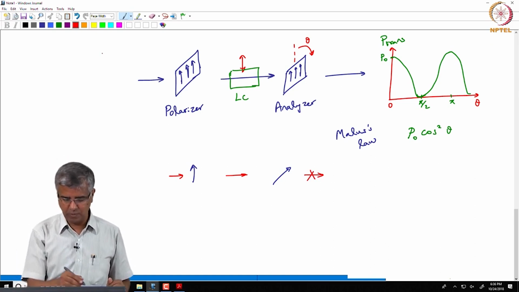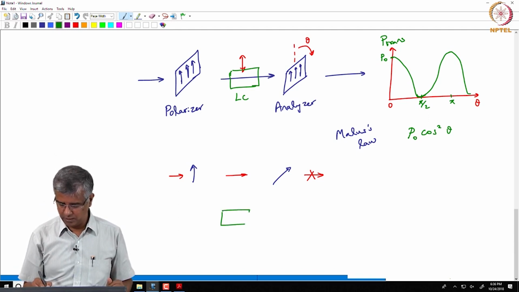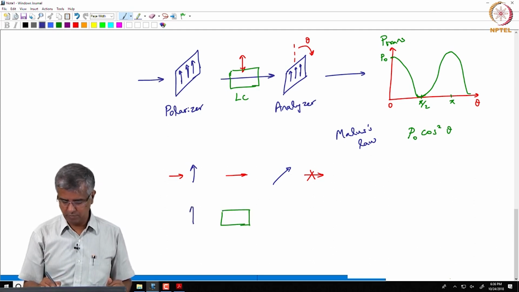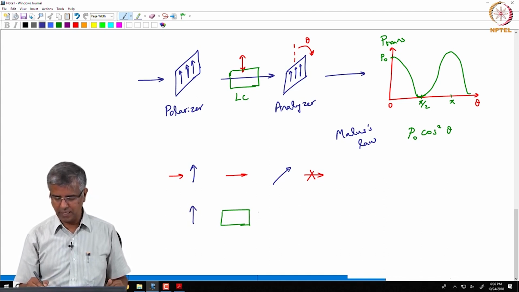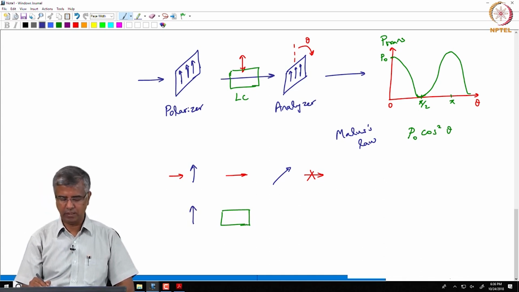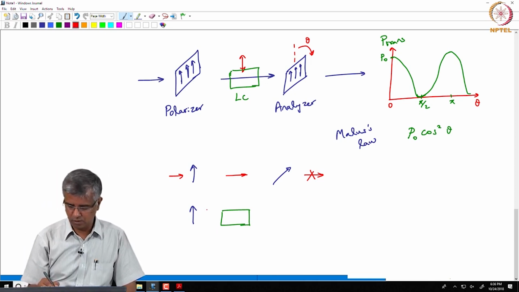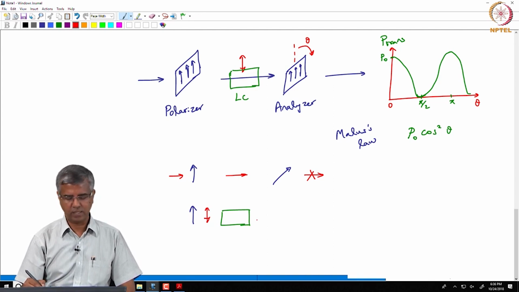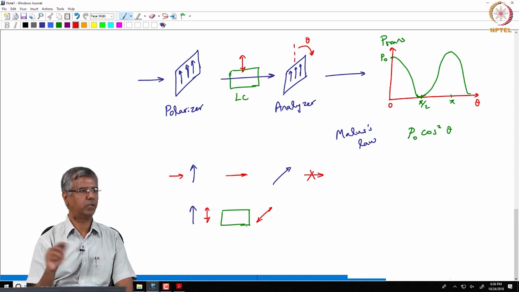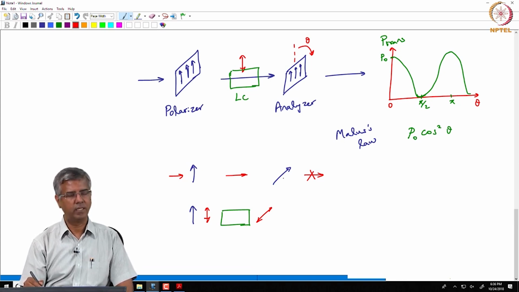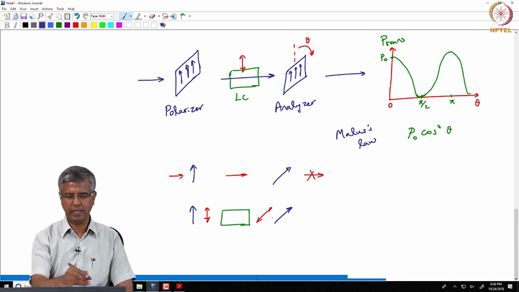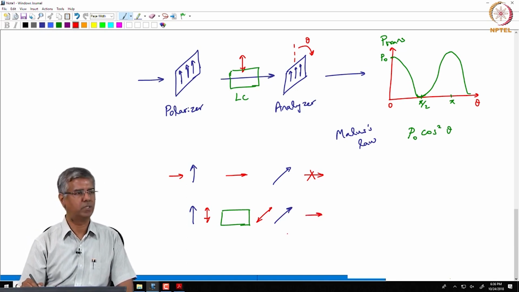But now I put my liquid crystal over here, such that I have once again polarized light. This is my polarized light, but after going through the liquid crystal, suppose I am able to twist the polarization, rotate the polarization, so that it lines up with this analyzer over here, then I have maximum transmission.